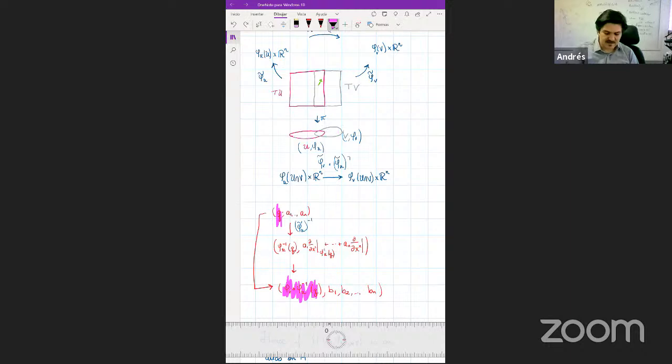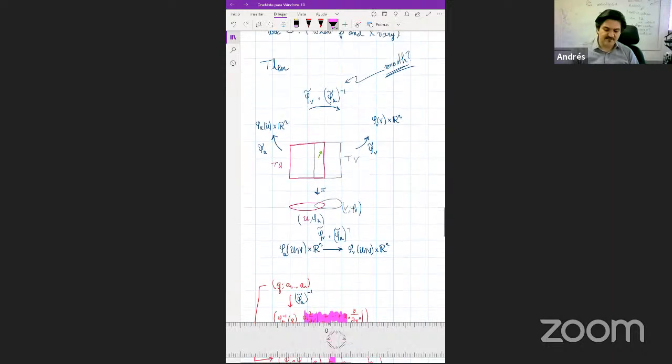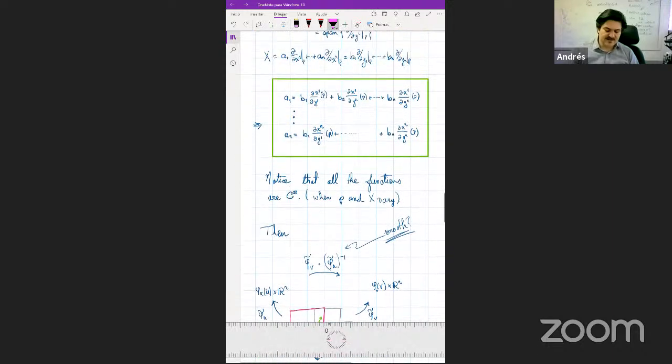Now, what about this entry? This one depends on the a's and on q. And that's the relation that we have. I wrote the a's, but you can also write down the v's in a similar way.